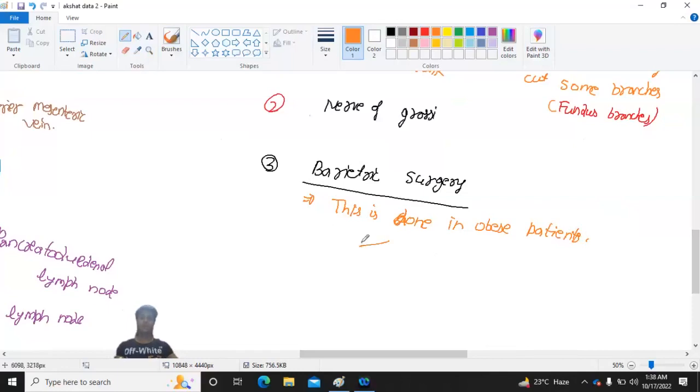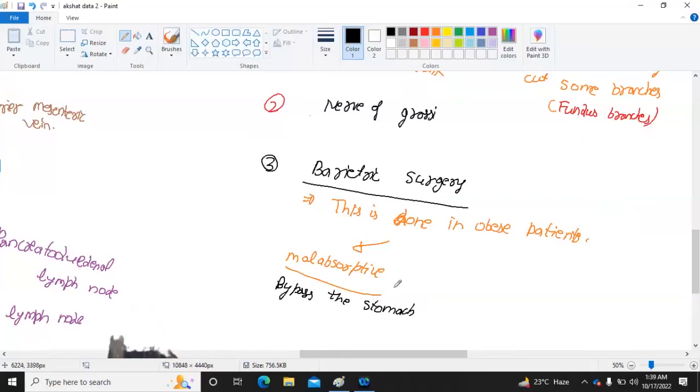First is malabsorptive, in which we bypass the stomach and directly drain stomach content into the duodenal region. Basically, bypass the stomach, because we reduce the fat in obese patients. By bypassing the stomach, we reduce the work of the stomach.